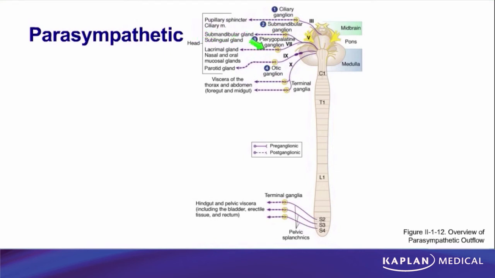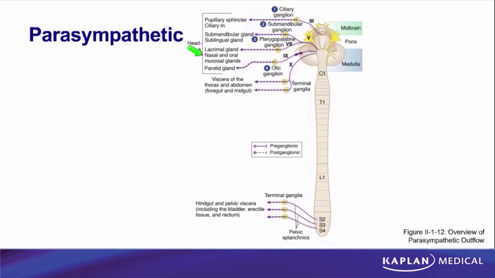And then finally, the pterygopalatine ganglion takes care of everything else in the head that needs parasympathetic innervation. And what everything else in the head means is the lacrimal gland and all of the glands of all of the mucosal surfaces in the head. Nasal mucosa, oral mucosa, pharyngeal mucosa, paranasal sinus mucosa.